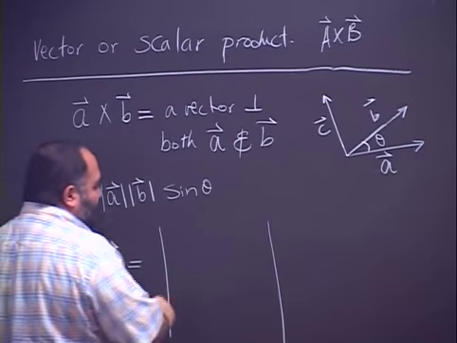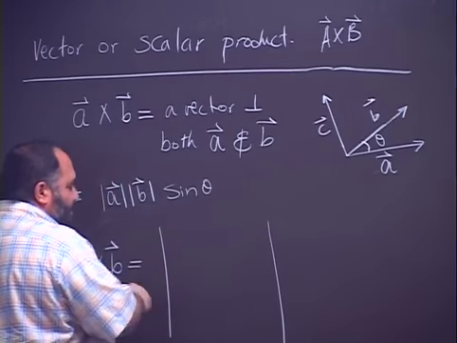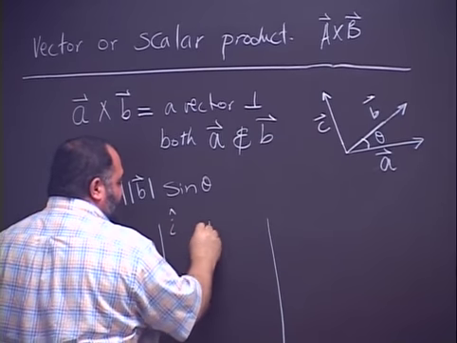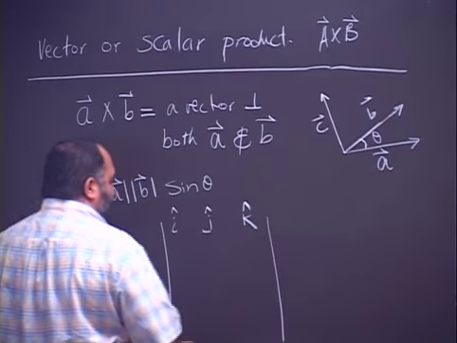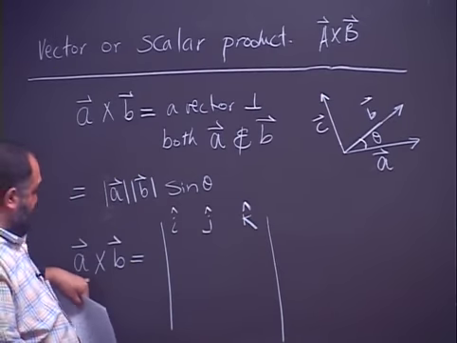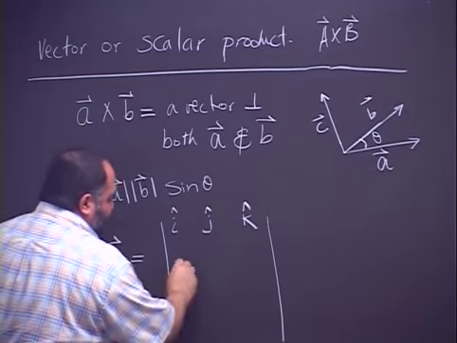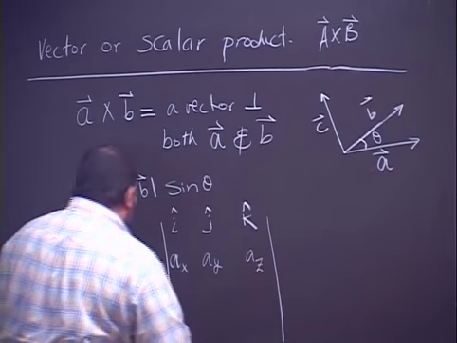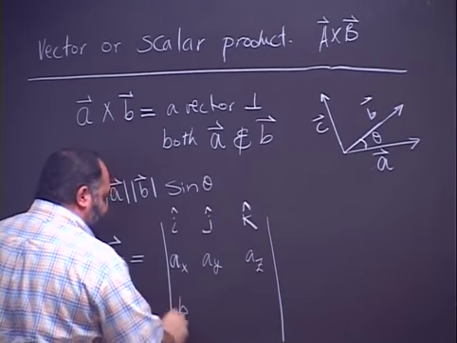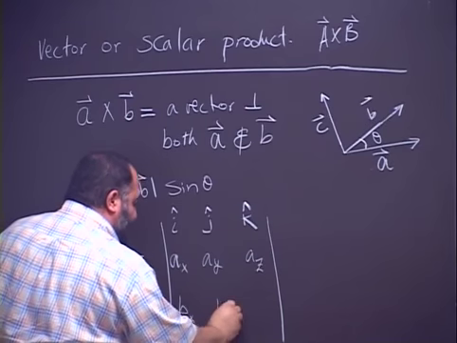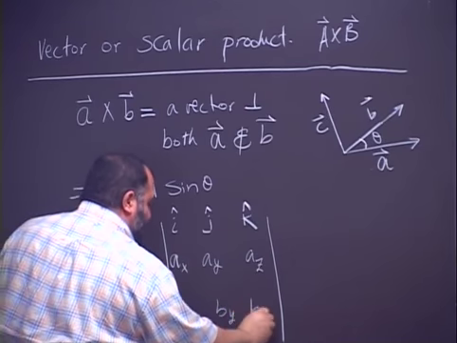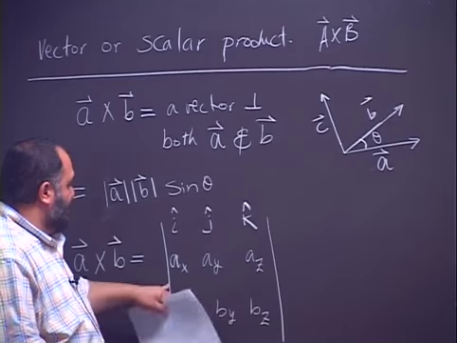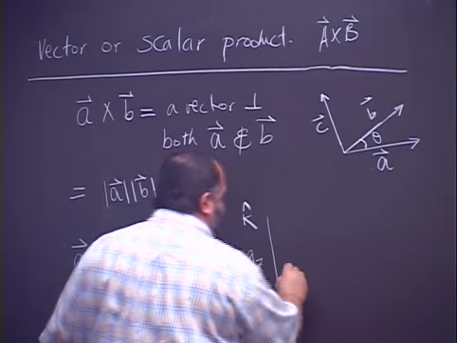So when you do the matrix, you will write the components, let's say in Cartesian coordinates. The components will be i, j, k, and then you write the vector components. The first row is the components of vector A, AX, AY, and AZ. Then the components of vector B are BX, BY, and BZ. When you evaluate this determinant, it will be the following.